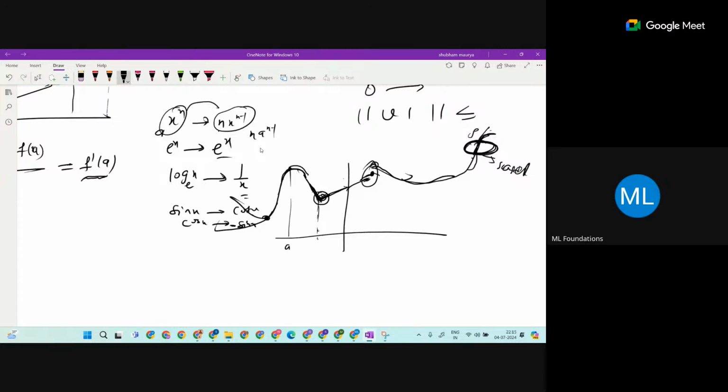Here it starts from decreasing to increasing. Here there is a jump in the value of the function.